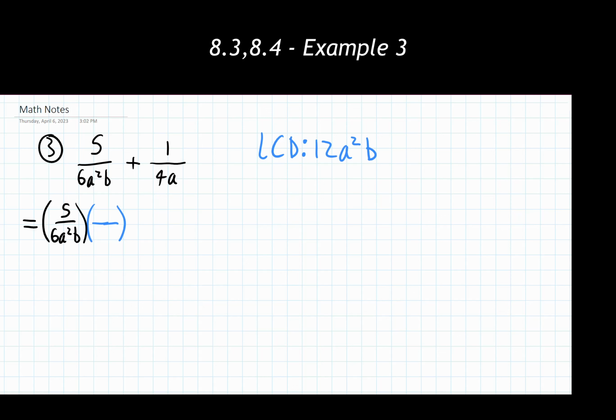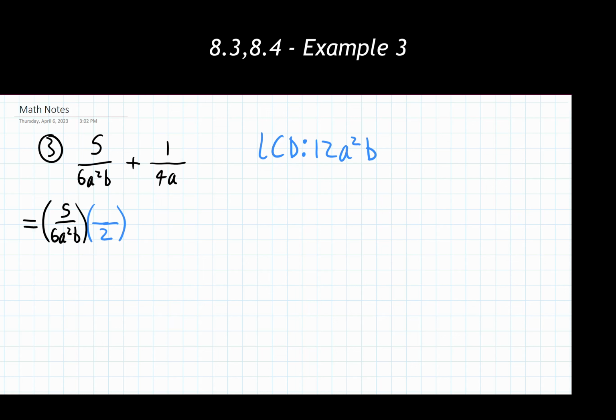I'm looking at the first fraction. I'm saying, what do I need to multiply 6a squared b by to get 12a squared b in that denominator spot? Well, the 6 just needs to be multiplied by 2. The a squared is already the same. The b is already the same, so I don't need to do anything else. So I just need to multiply this denominator by 2.